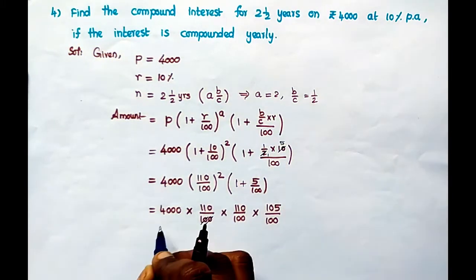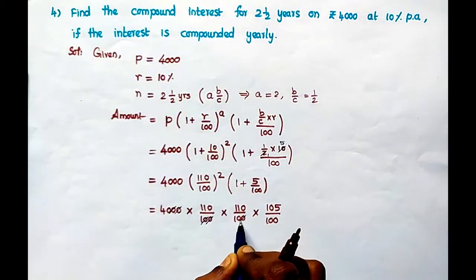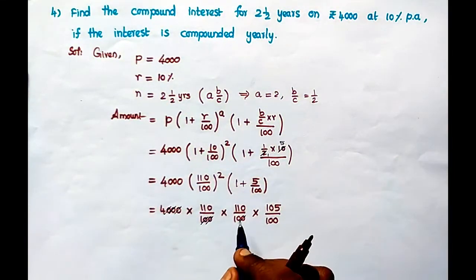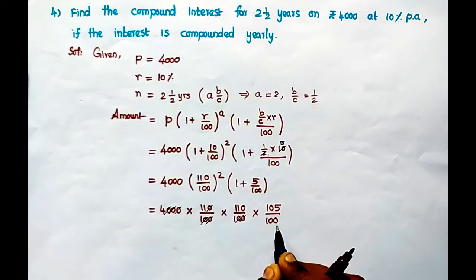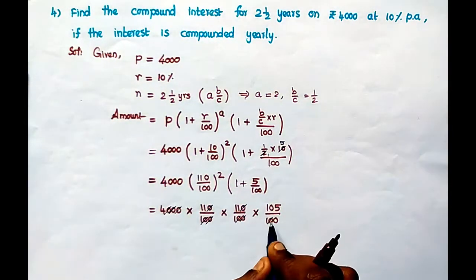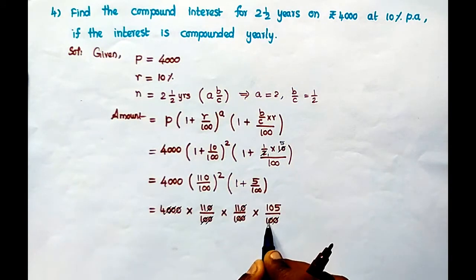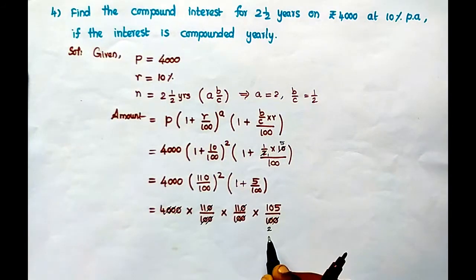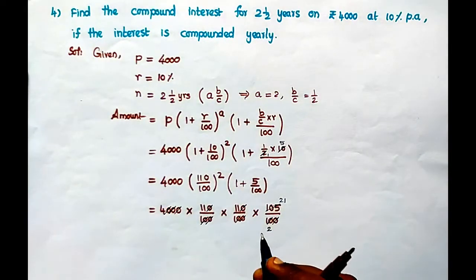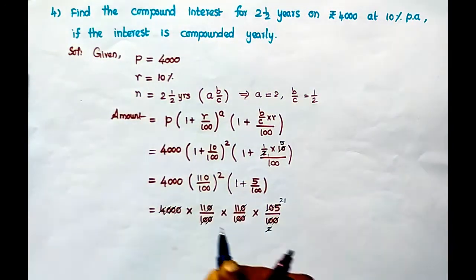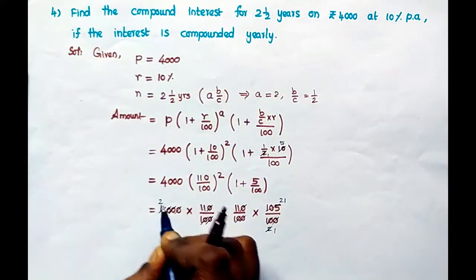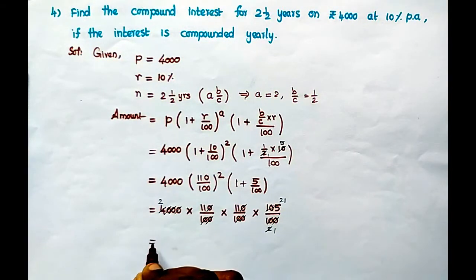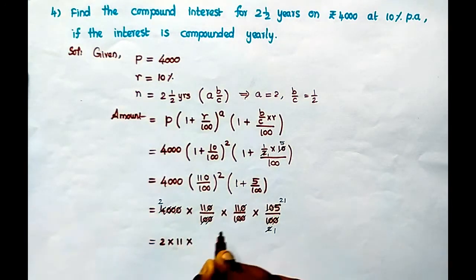Cancel the zeros, and 2 5s are 10, 21 5s are 105. Again 2 and 4 cancel by 2 table, 2 1s are 2, 2 2s are 4. Write the remaining numbers: 2 into 11 into 11 into 21.